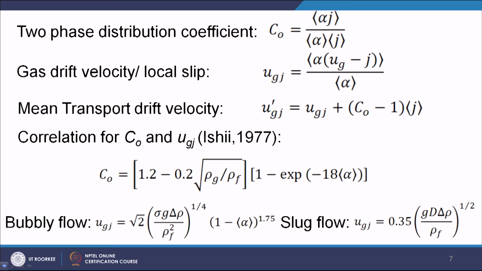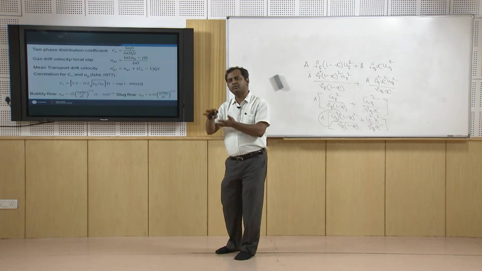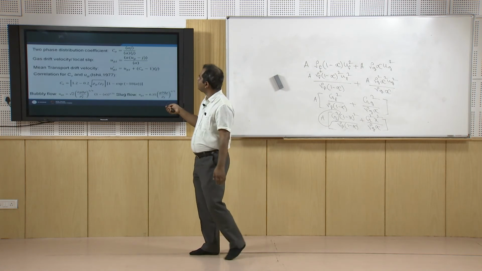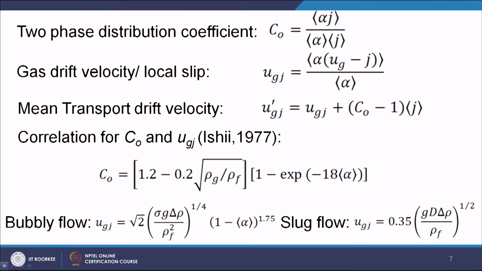What are these UGJ and C naught? Let us see over here. UGJ is the gas drift velocity or local slip. So, it tells how much the gaseous phase is actually slipping from the overall averaged velocity. So, UGJ equals the area averaged quantity of alpha into (UG minus J) divided by the area averaged alpha.